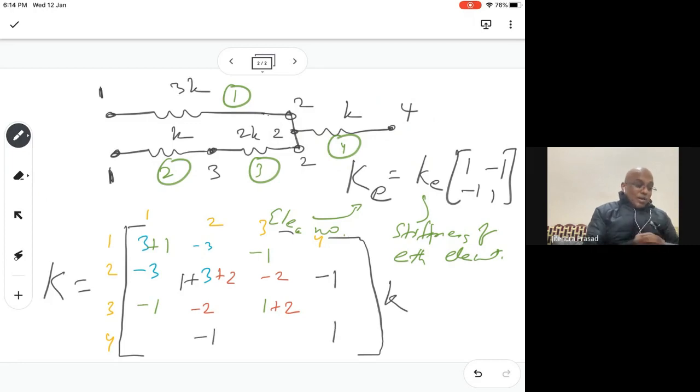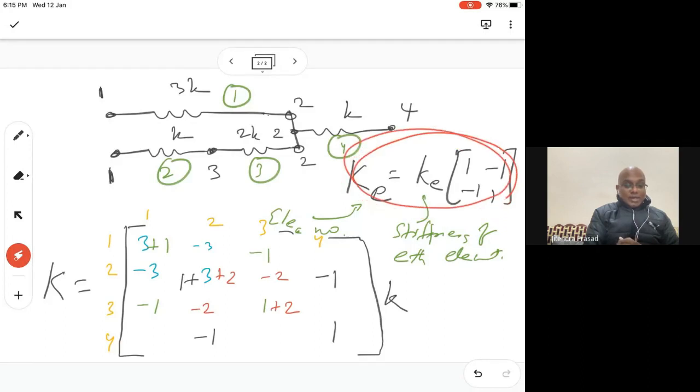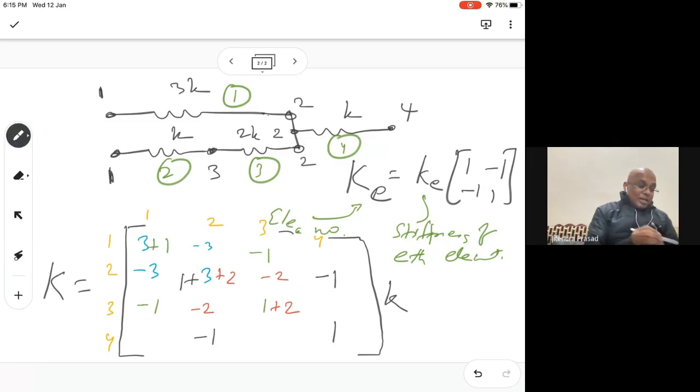So we have completed all 4 elements. For all elements, the local or element stiffness matrix has been incorporated here. Wherever we are not finding anything, we can just make it equal to 0.